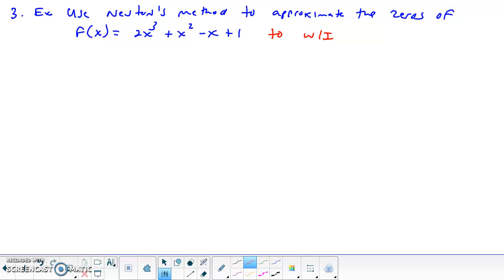So within has to be w/i. To within 0.0001. That's pretty accurate, right? It's pretty accurate. All right.